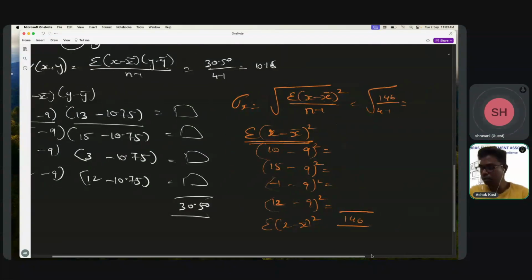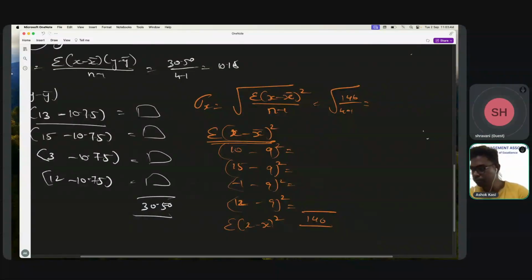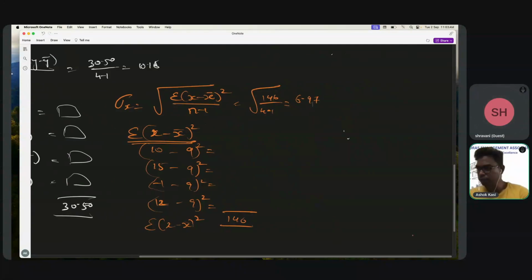How much? 6.97. It's the same one, right? Yes, that you calculated. This is standard deviation of x.